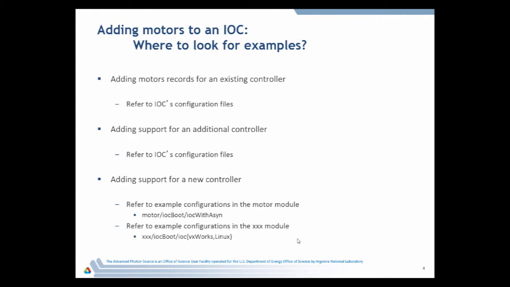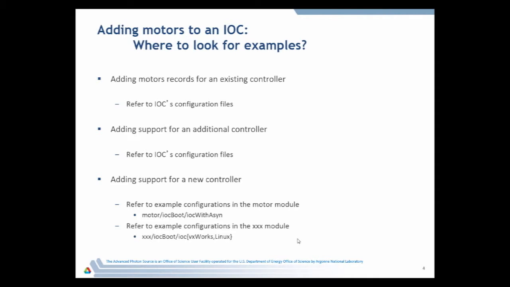So when you want to add motors to an IOC, usually you don't have to look very far. If you're adding motors on an existing controller, and you're just adding a second copy of it, you can probably just look at the IOC's configuration and simply copy and modify those files.